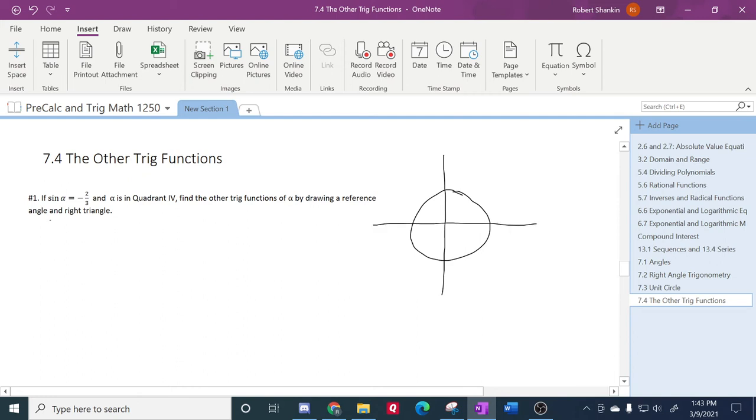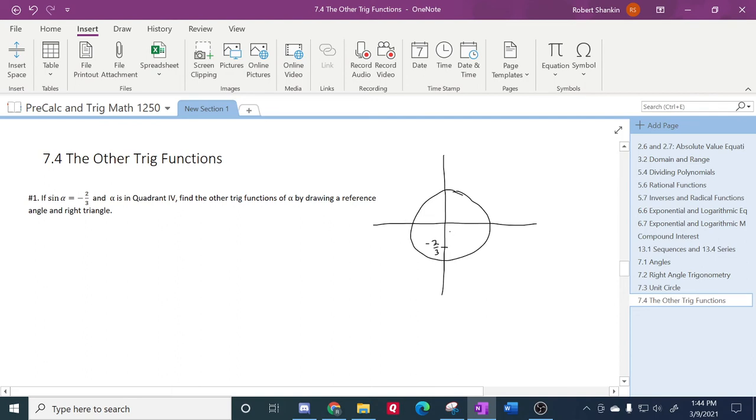Now, the sine of it is the same as the y-coordinate, so the y-coordinate is negative 2/3. So here's about half, a little bit more than half, is negative 2/3.